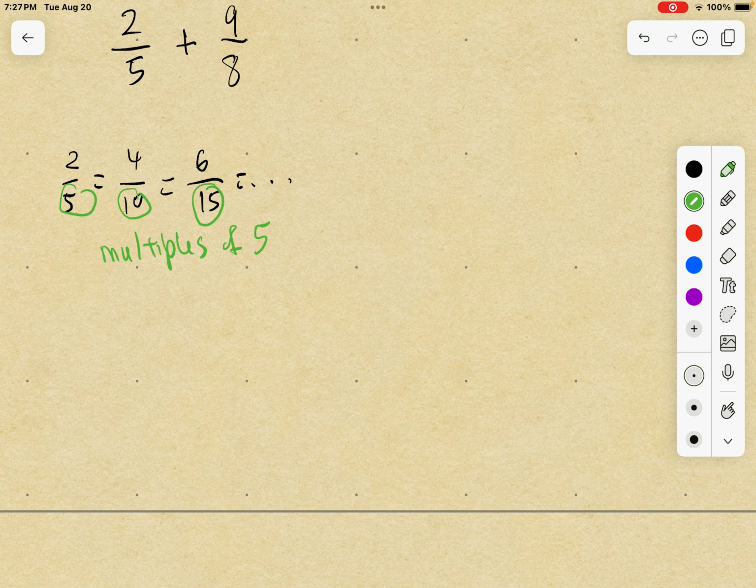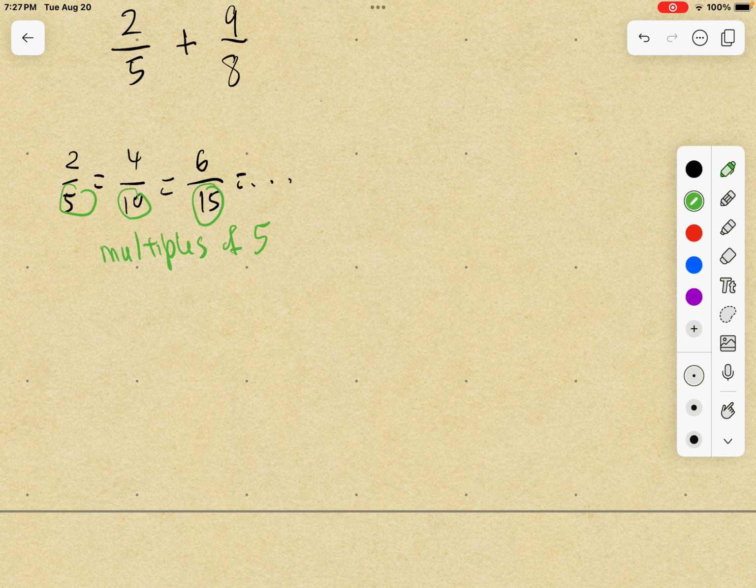Right, which makes sense because you're taking 5 segments, so you're taking 0 to 1, and then you're splitting it into 5 segments, and then you split each of those into 2 segments. That'll give you 10 segments, right? That's 1/10. That'll be 10 segments to get 1, and so on.